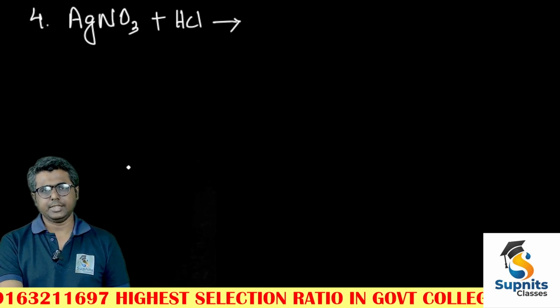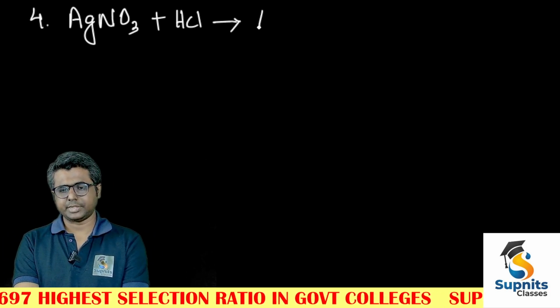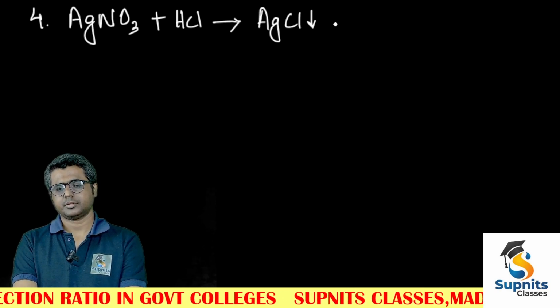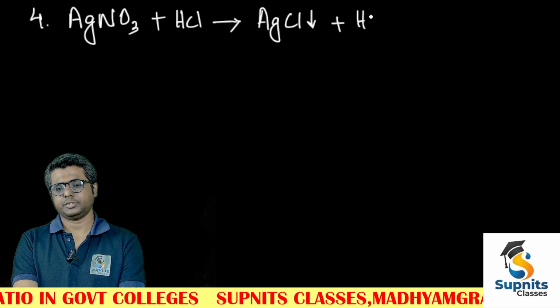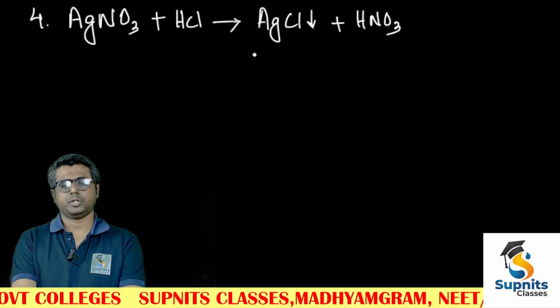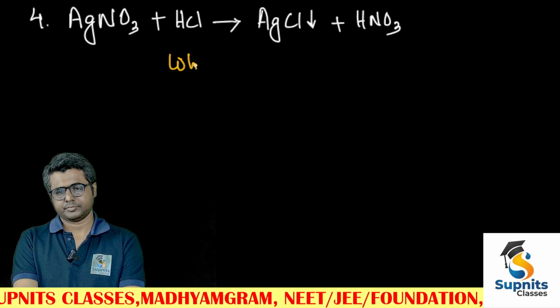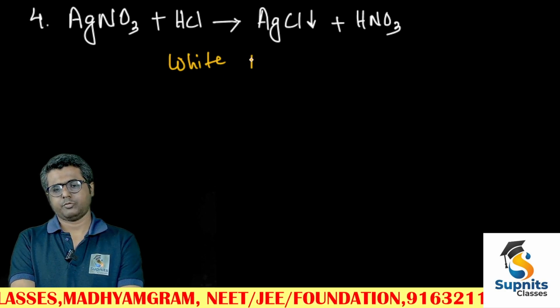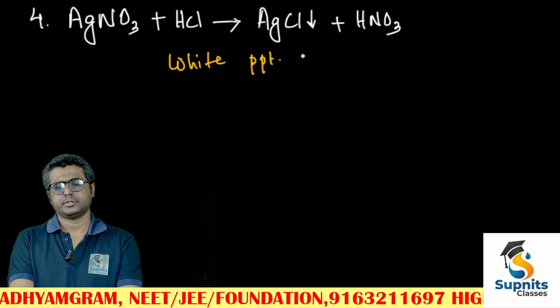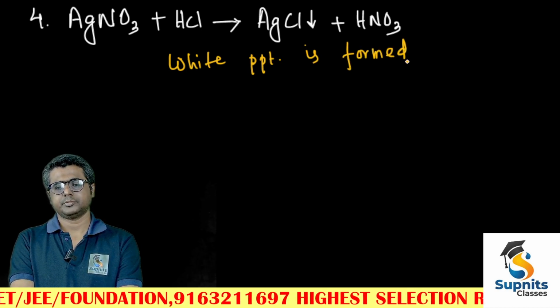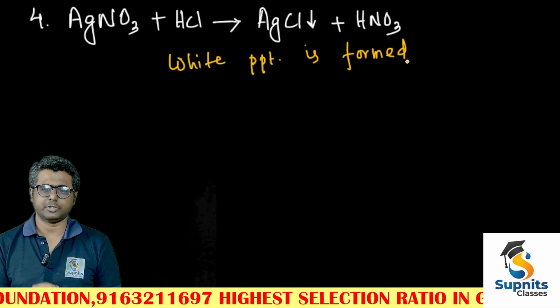AgNO3 with HCl will give you a white precipitate of AgCl plus HNO3. So, our primary observation is white PPT is formed. White precipitate is formed, that is our primary observation.